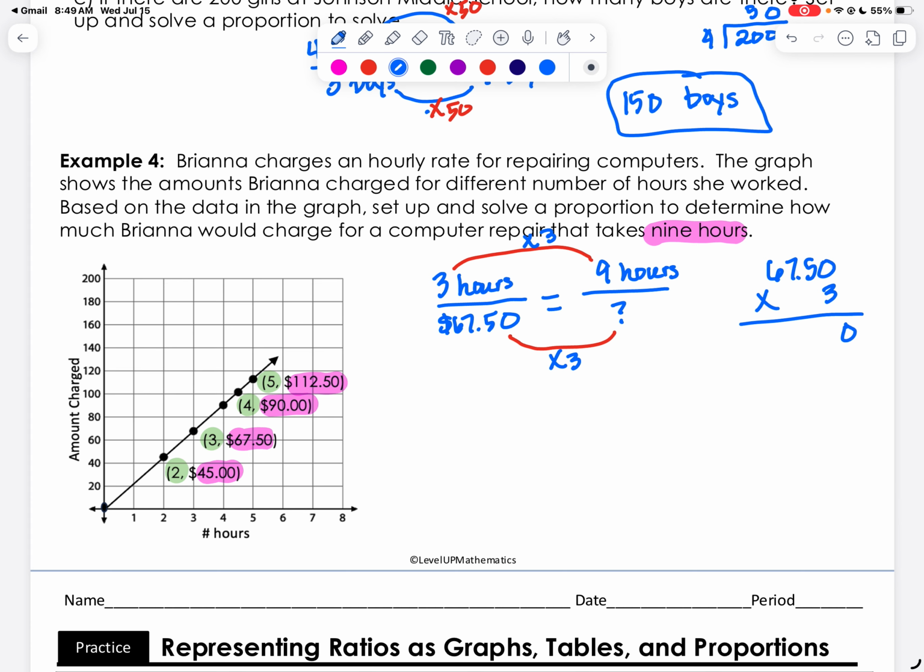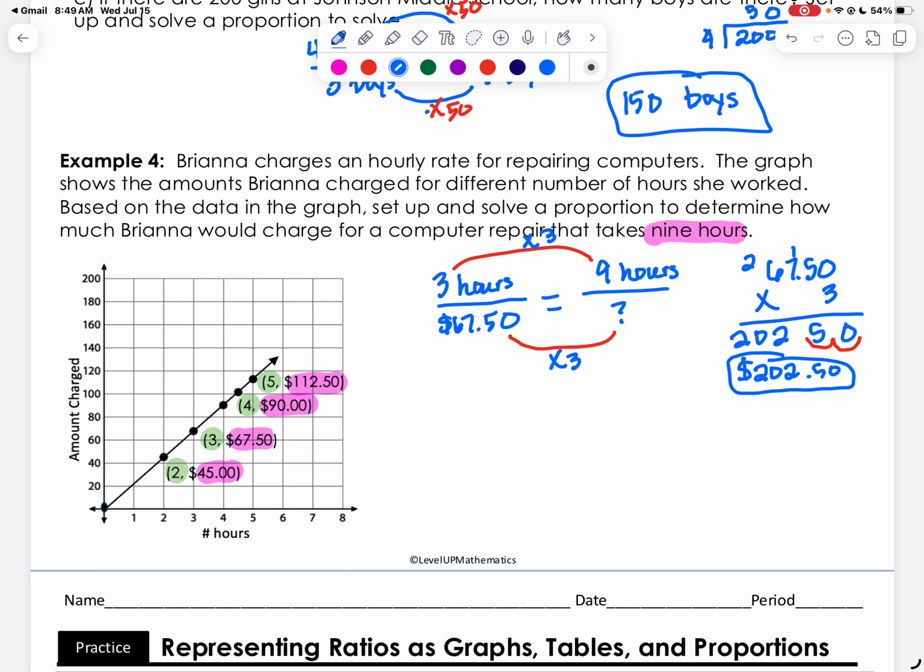So 0 times 3 is 0, 3 times 5 is 15, carry the 1, 3 times 7 is 21, 22, carry the 2, 3 times 6 is 18, 19, 20. Then there were 2 numbers after my decimal, so I must move my decimal in 2 places. Done. So Brianna would earn $202.50 for working 9 hours.